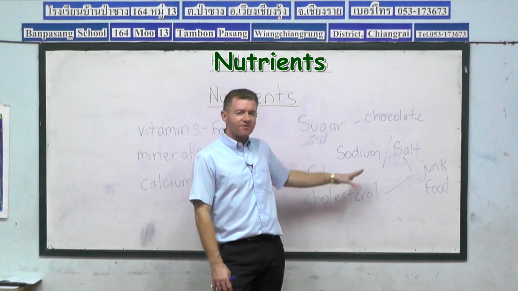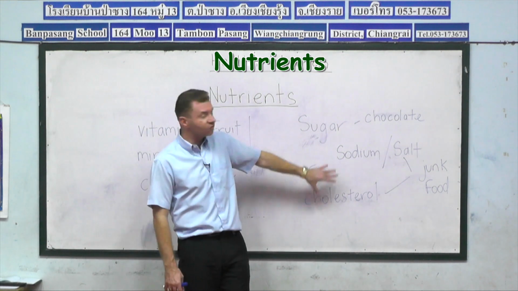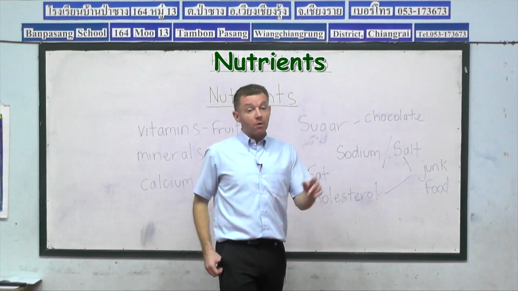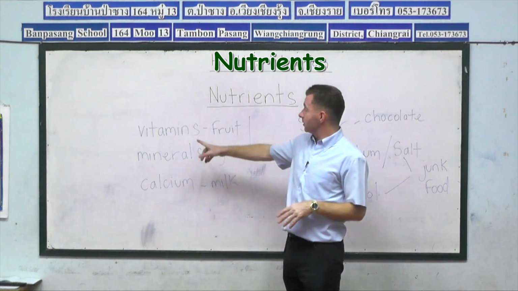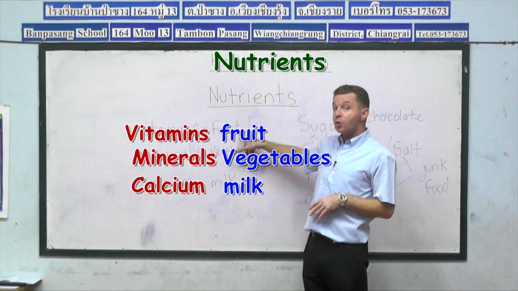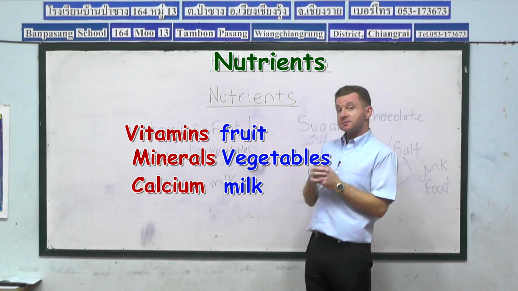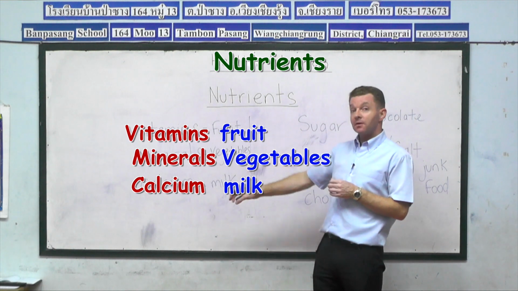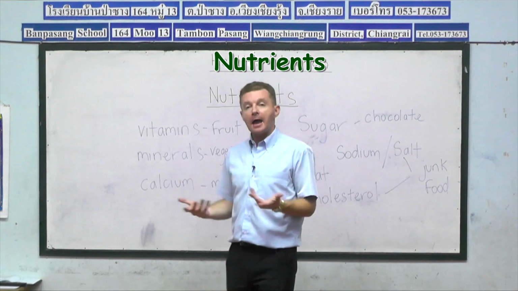But if we were to eat a pizza every day, we would get too much of these nutrients and we wouldn't be healthy. So one more time, guys, let's think about vitamins from fruit, minerals from vegetables, calcium comes from milk and other sources.